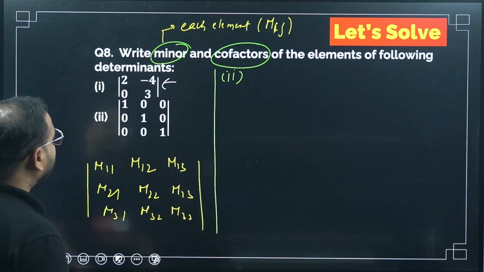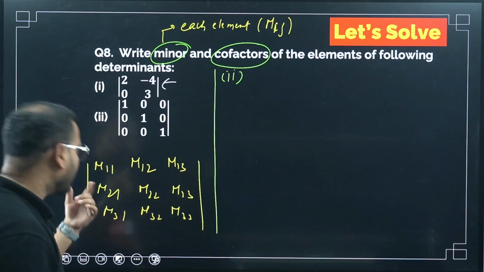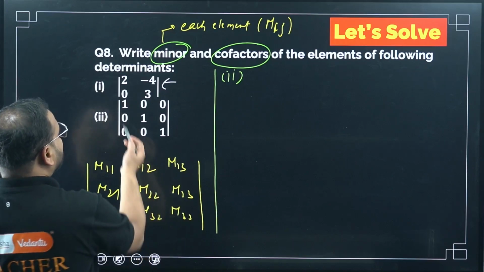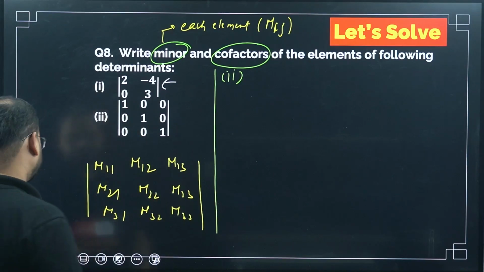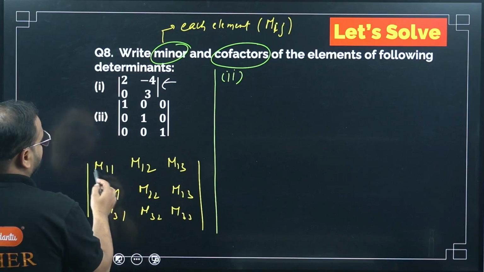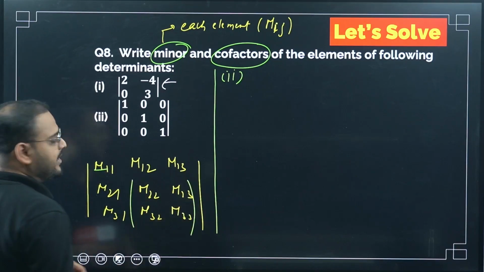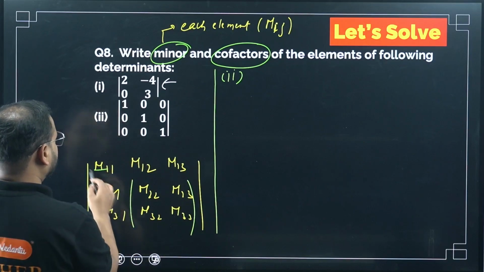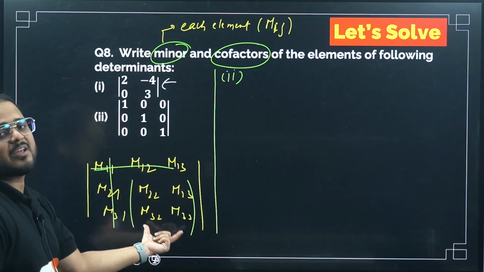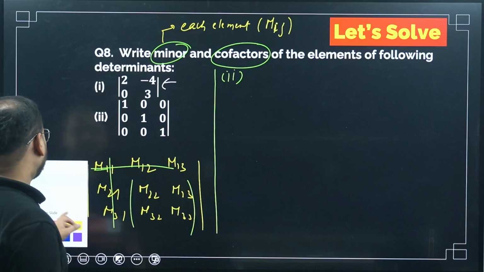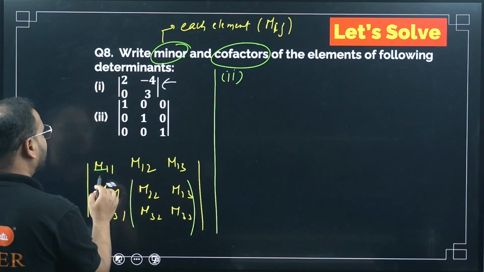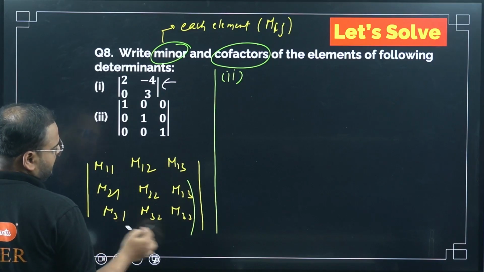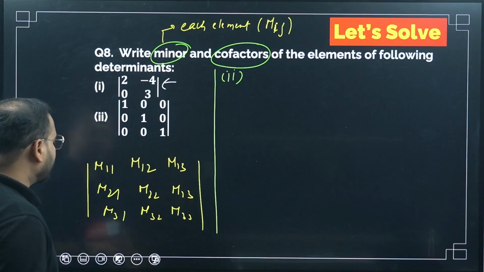Simple enough. For each element you'll have a minor. What is that going to be? If you consider the first element, whatever is the remaining 2 cross 2 matrix, that will be the minor. If I'm considering the first element, I'll cancel this row and this column. The remaining matrix is my minor. Find the determinant of that remaining matrix and you'll get the minor value.